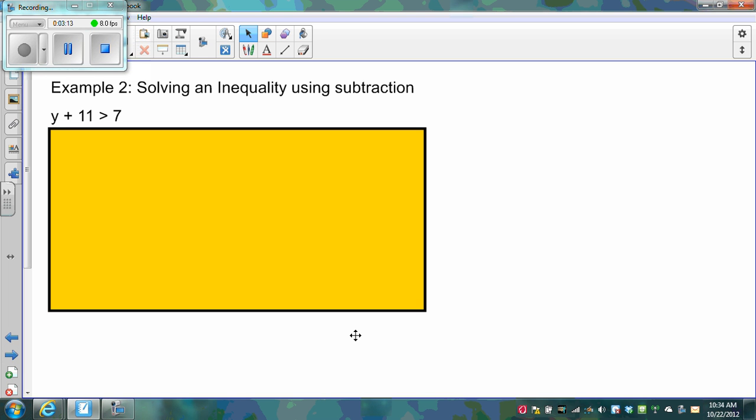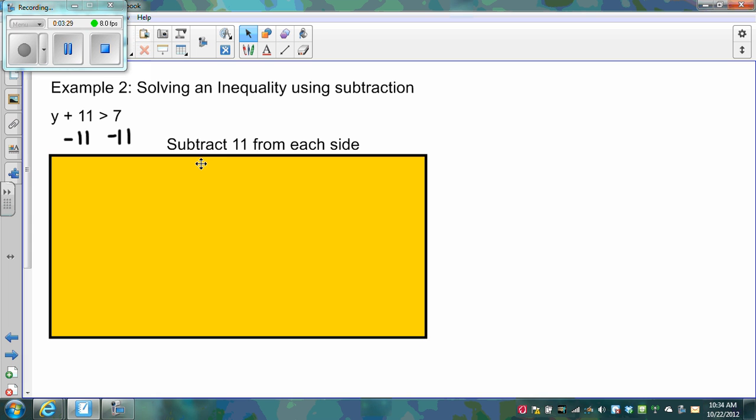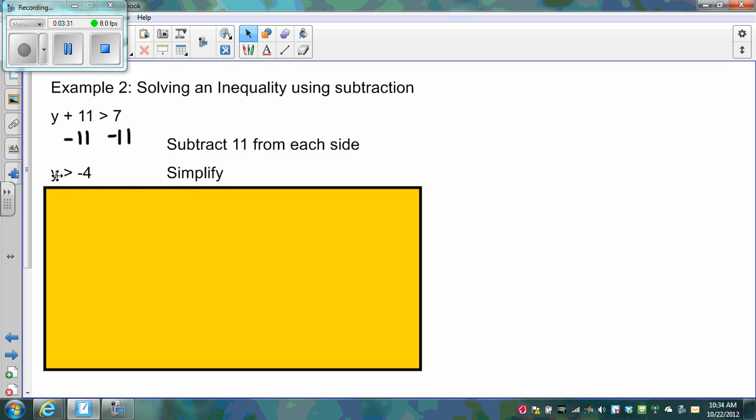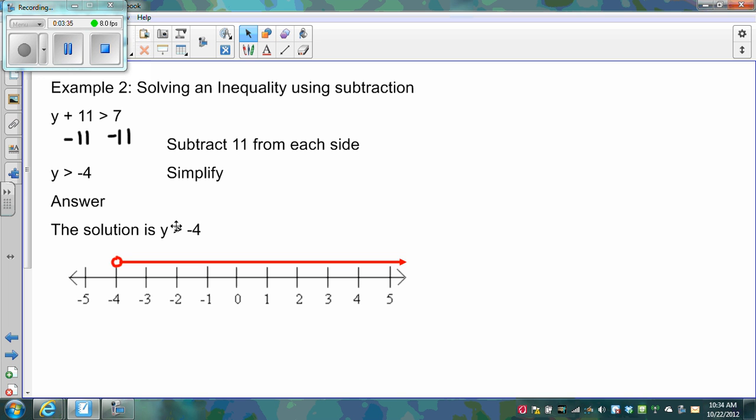The second example: now instead of having a word problem, can we actually solve the inequality for the variable? In this case, if we have y plus 11 is greater than 7, we can subtract 11 from each side, simplify it, so y is greater than negative 4, and then we can plot it.